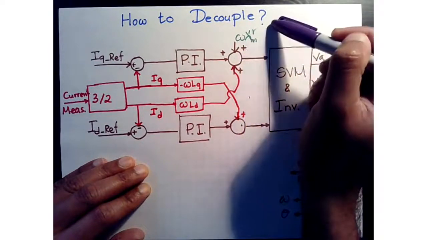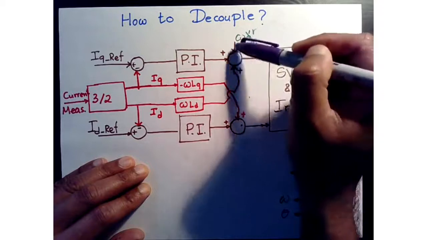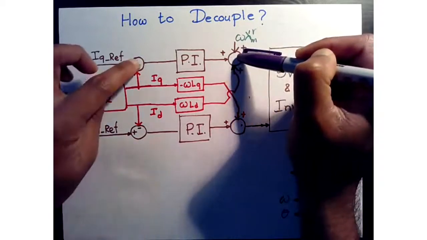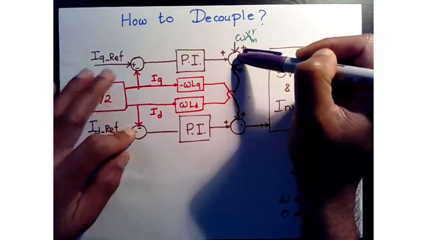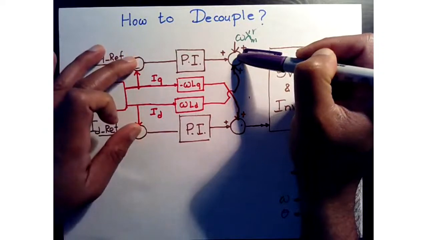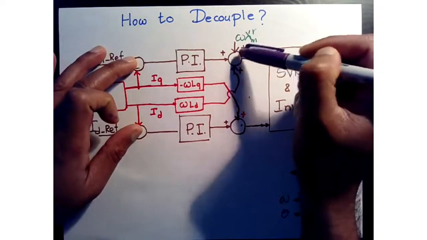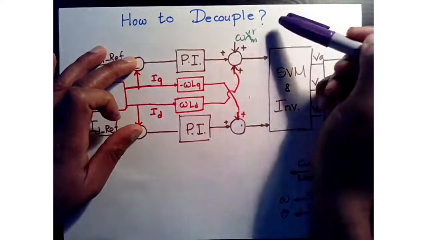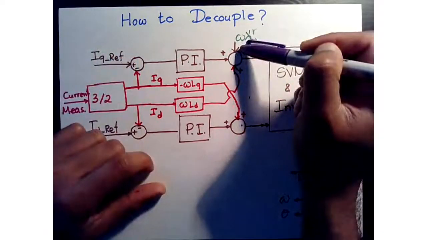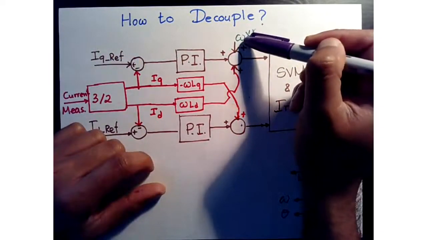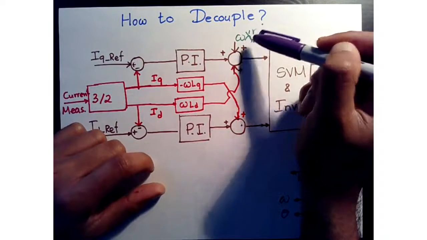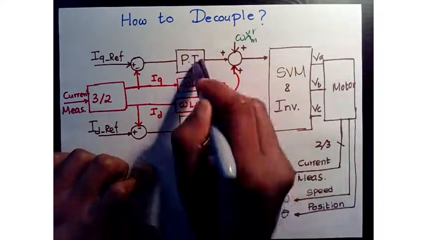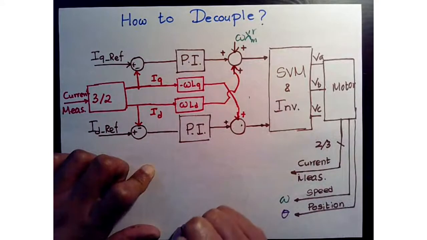This way, if the speed is increasing, you're basically adding more voltage without needing the regulators to influence that. You're basically increasing or decreasing the voltage to accommodate that change in speed. Okay, so that way the burden will not be on the regulators.